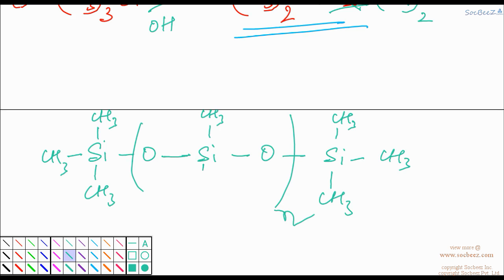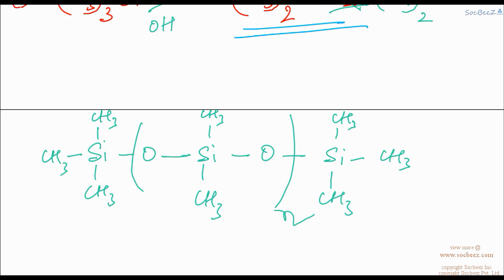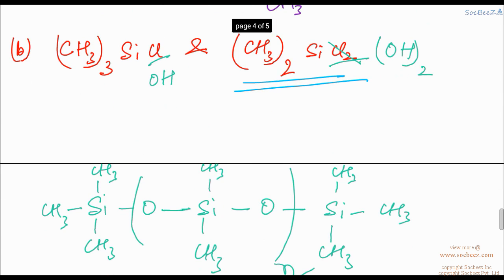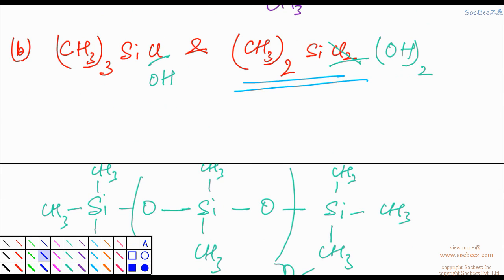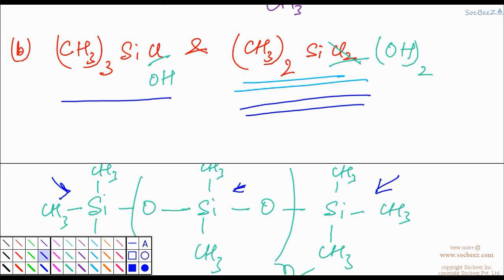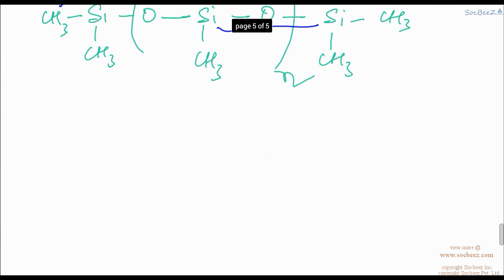This (CH3)2 forms the center part, and this forms the terminal or chain ending part. Again there is Si-O-Si linkage, and therefore it is a silicone.